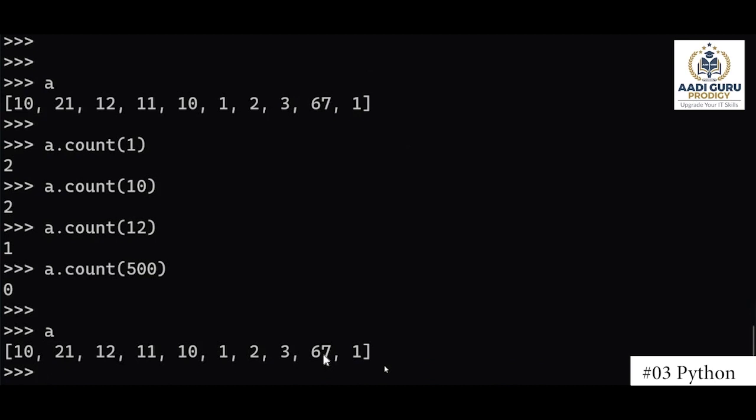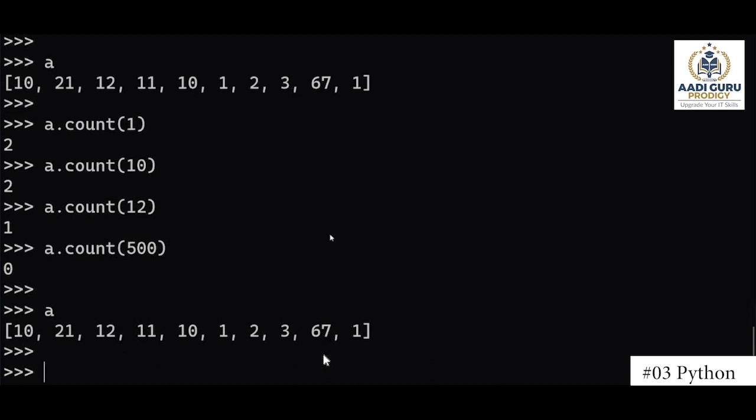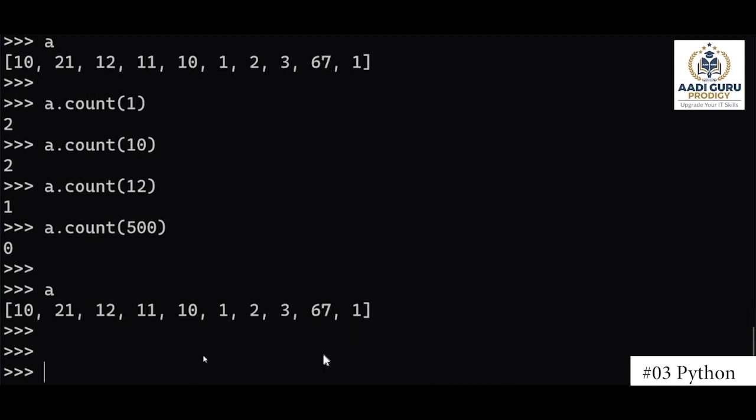Instead of counting, as someone asked initially, if you have a big list and want to find the index number of 67, we have an operation called a.index, index of 67.